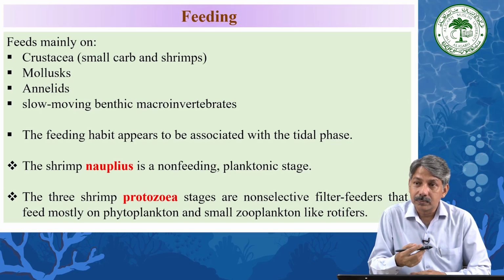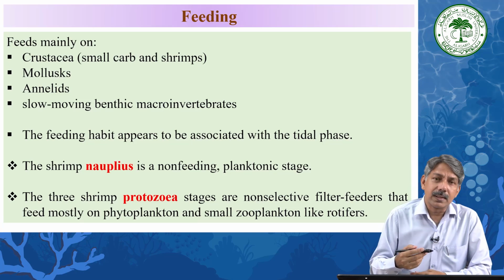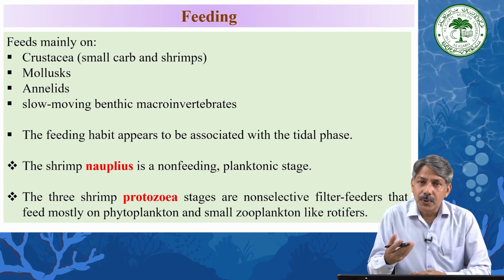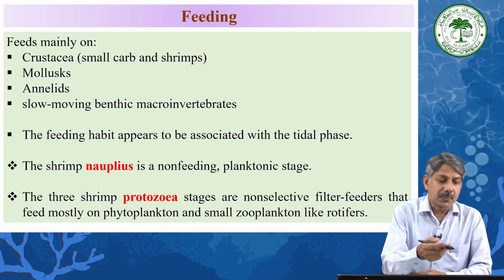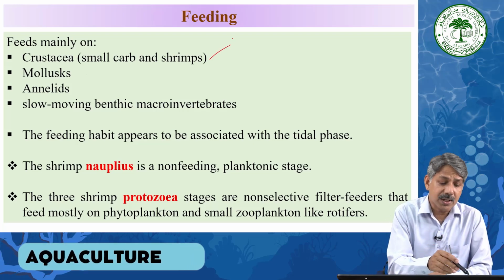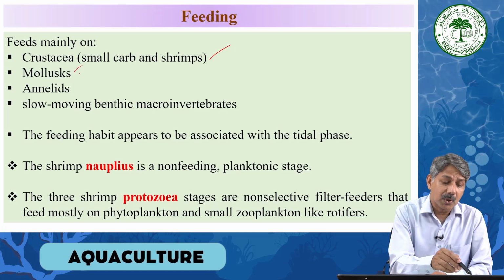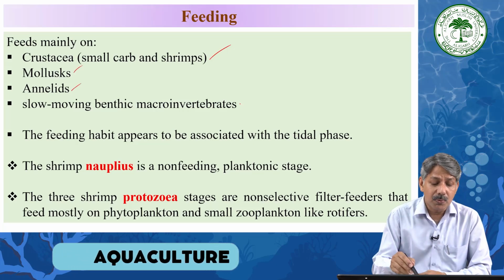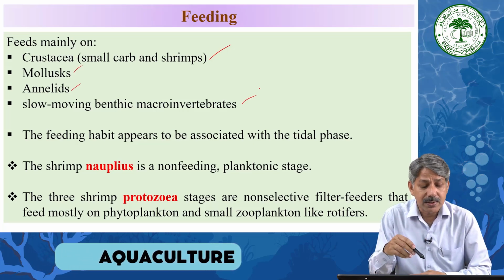Penaeus monodon is more of a predator of slow-moving benthic macroinvertebrates rather than a scavenger or opportunistic in feeding habit. So we know that Penaeus monodon feeds upon crustacea, especially small crabs and shrimps, mollusks, annelids, and slow-moving benthic macroinvertebrates.